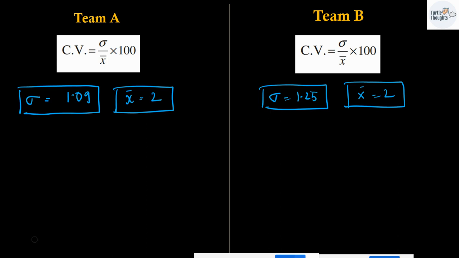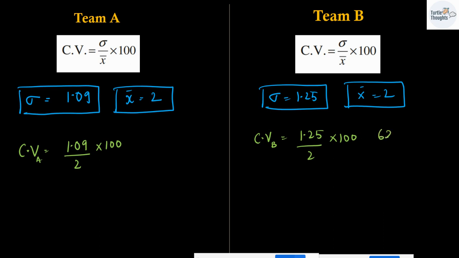Let me find the value of CV. CV for team A will be given by 1.09 divided by 2 multiplied by 100. For team B, it is going to be 1.25 divided by 2 multiplied by 100, which is 62.5.